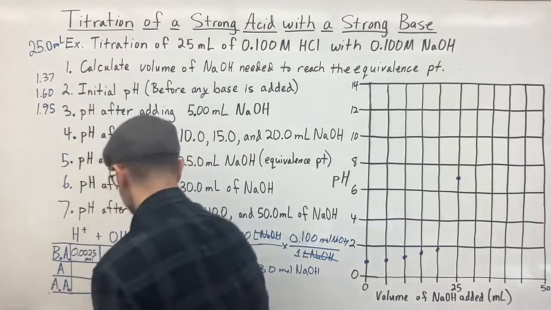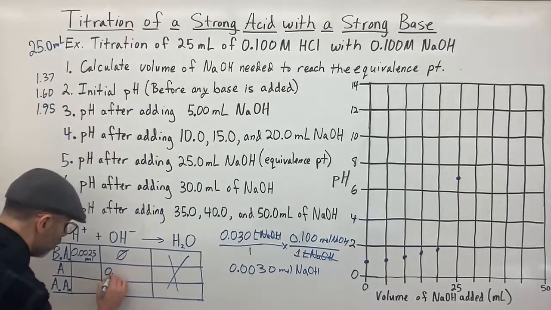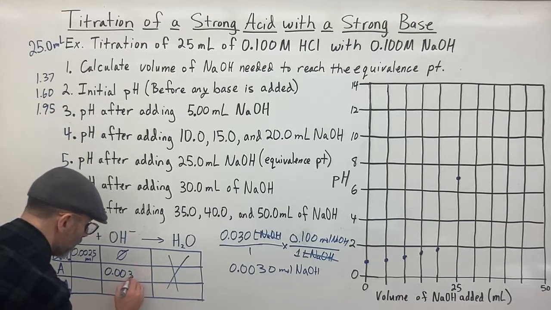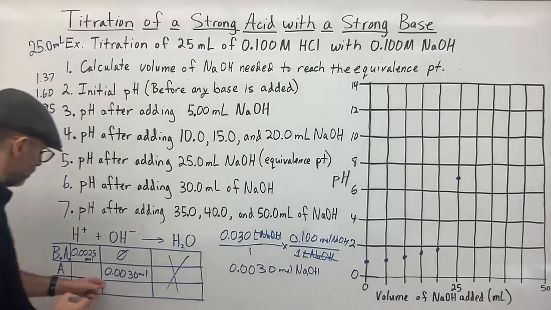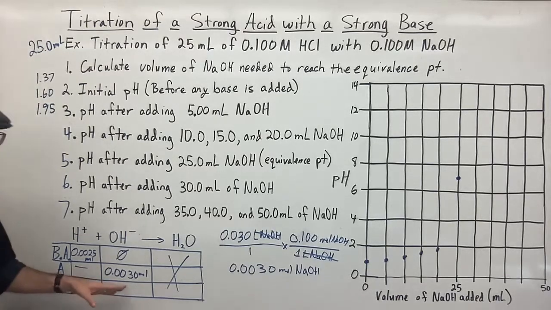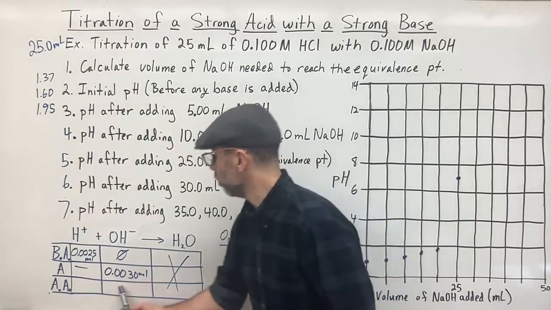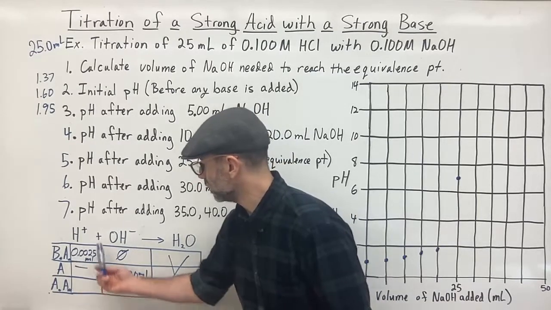So we can write that down here: 0.0030 moles of our OH minus. We're not adding anything there. This is the number of moles of our OH, and it is going to react completely with the H plus.